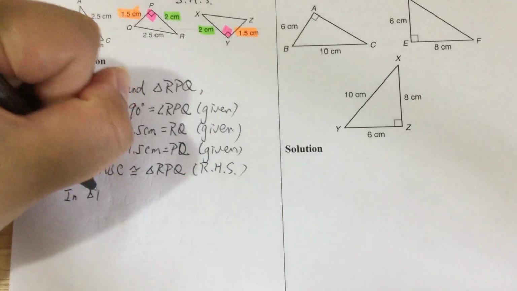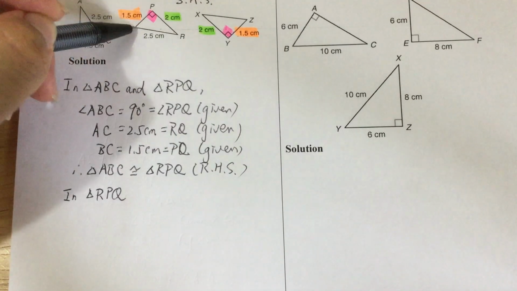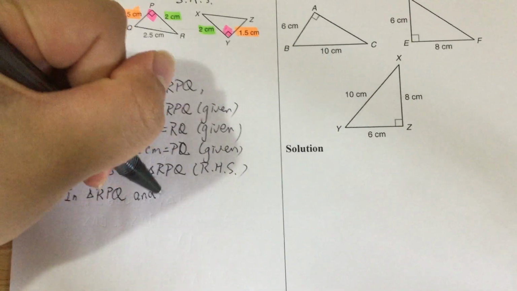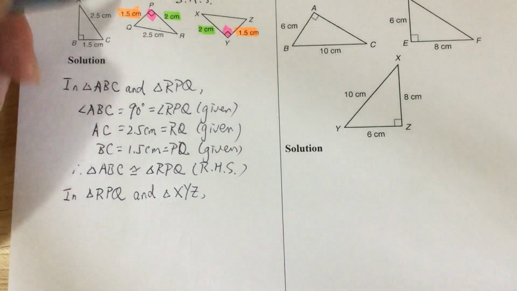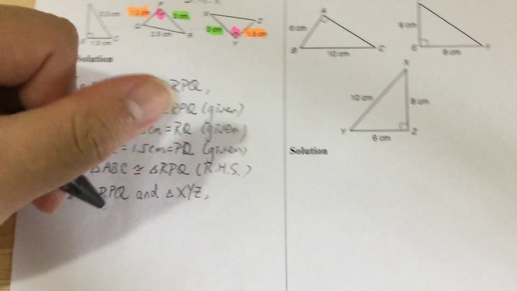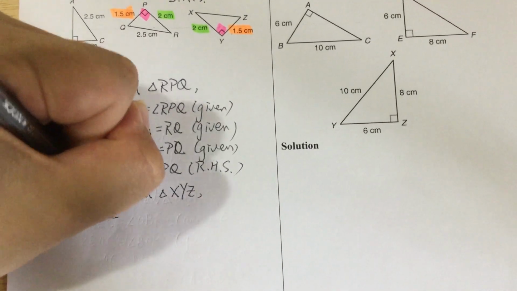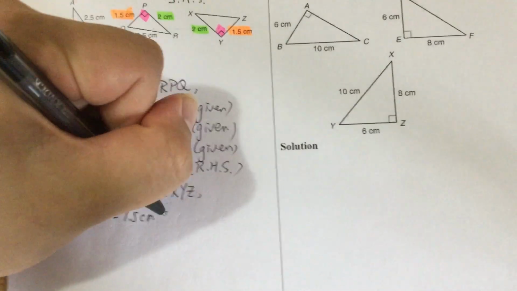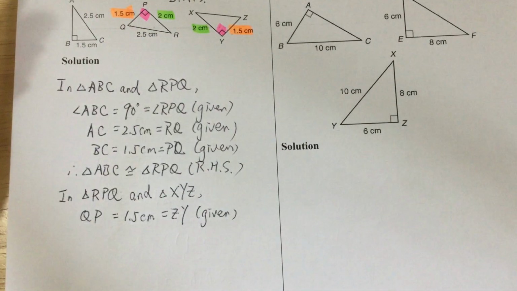In triangle RPQ and triangle XYZ, we do it one by one. QP is equal to 1.5 cm, equal to ZY, given directly.